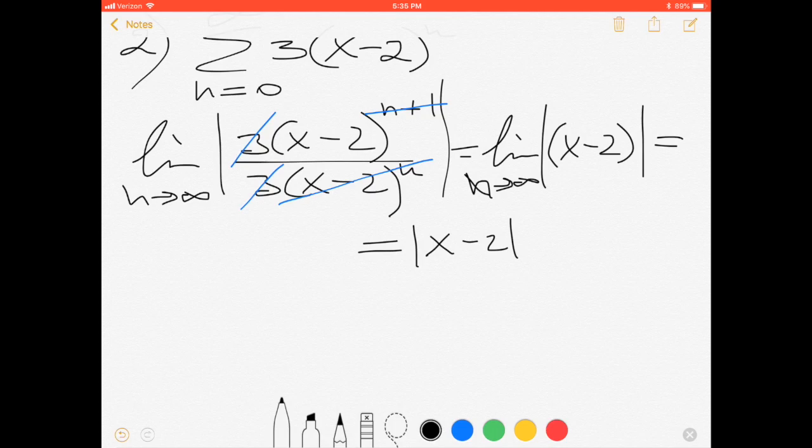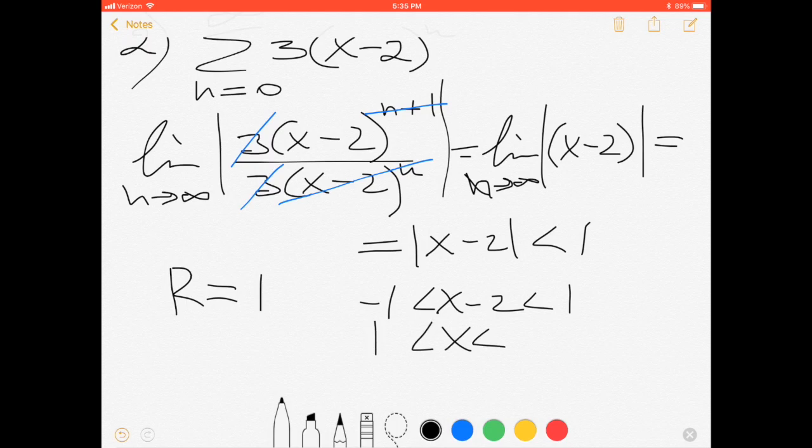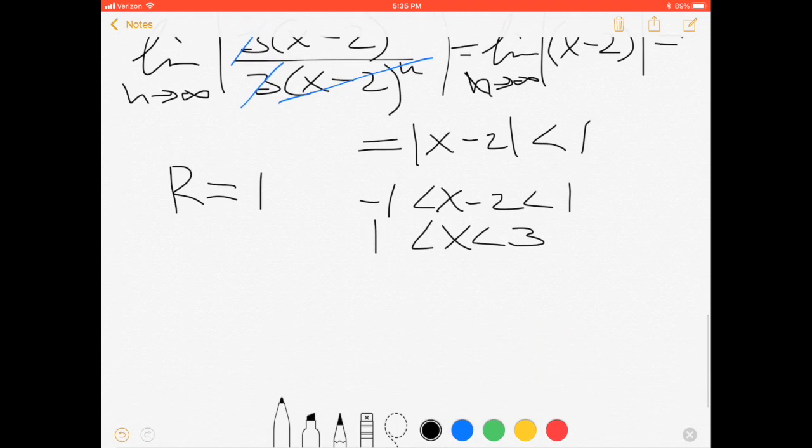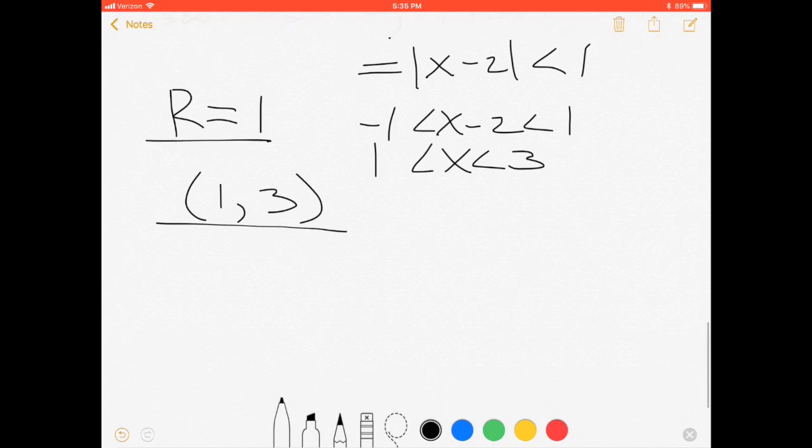And if you remember your ratio test, I hope you remember, this limit needs to be less than 1. This means the radius of convergence here is 1. What about the interval? It means x minus 2 stays between negative 1 and 1, so x stays between 1 and 3. This means the interval of convergence is 1 to 3. Radius of convergence 1, interval of convergence 1 to 3.